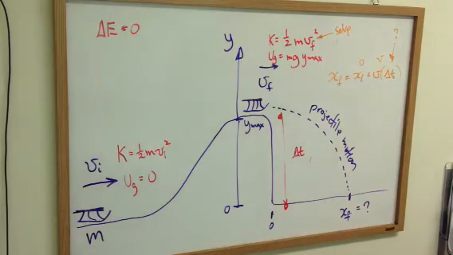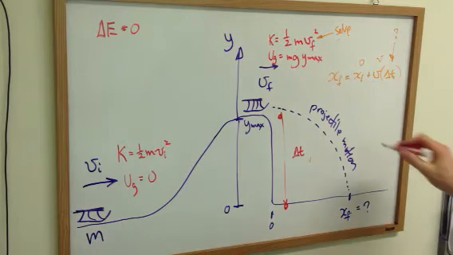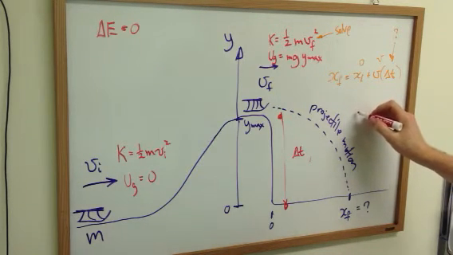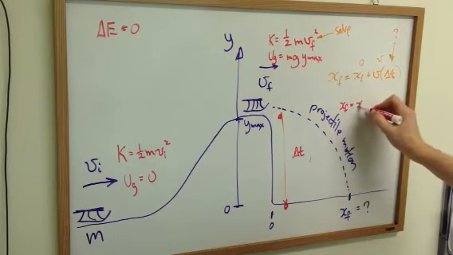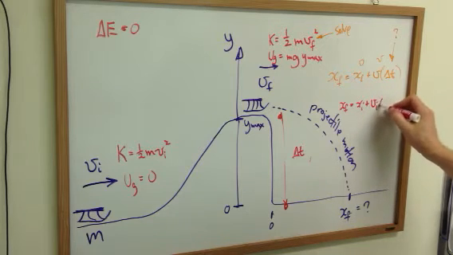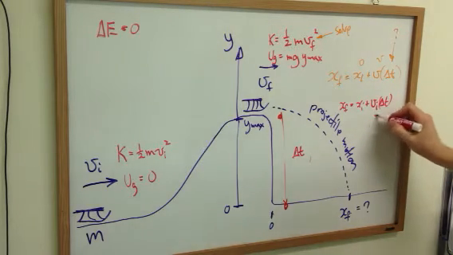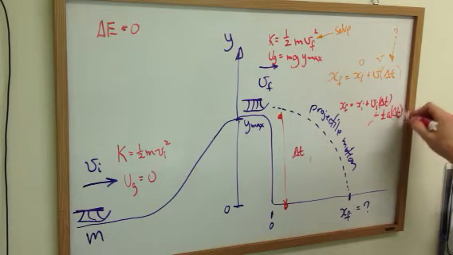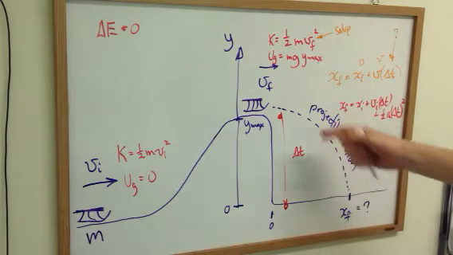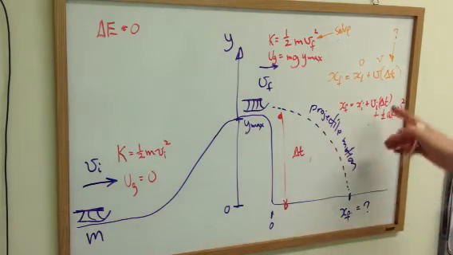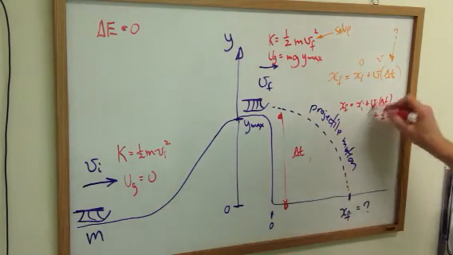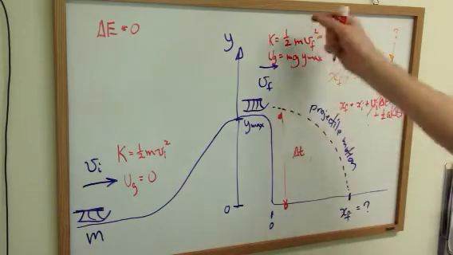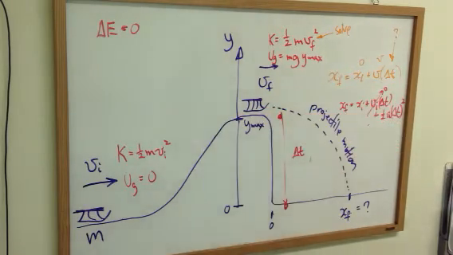Well, we can now use a kinematic equation in the vertical direction. That's x final equals x initial plus initial velocity times delta t plus 1/2 a delta t squared. I chose this one because we know final and initial positions. Initial velocity in the y direction is 0. You don't start out up or down at all. Your initial velocity is only horizontal.